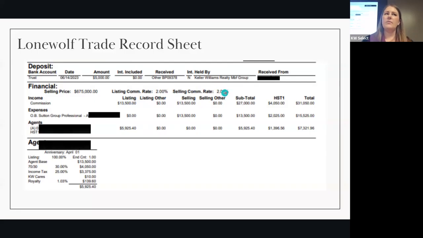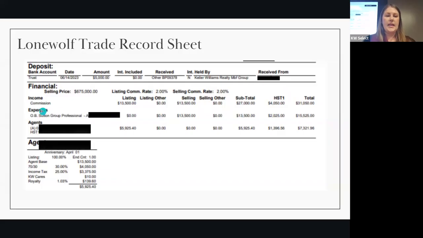The selling commission, which makes more sense to say buying commission, was also 2%, which is also $13,500, a subtotal of $27,000 plus HST, a total of $31,000. So when we invoice the listing lawyer, this is similar to what our invoice would look like, except we would deduct the $5,000 that we're already holding for the trust deposit.